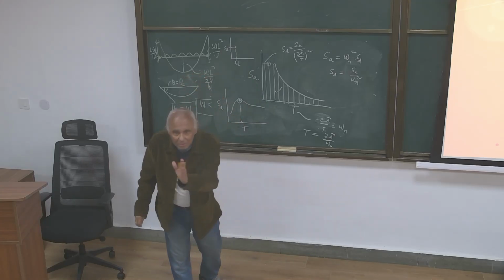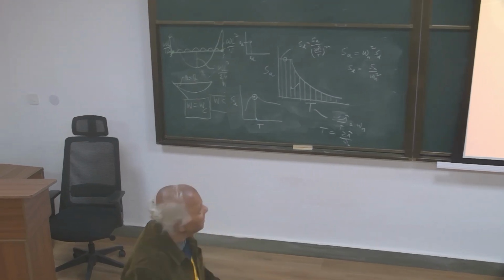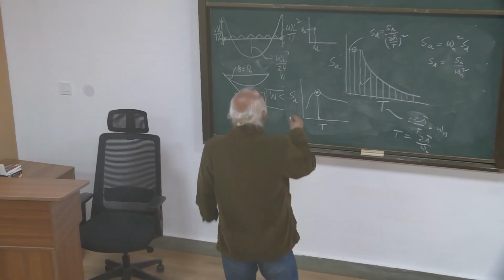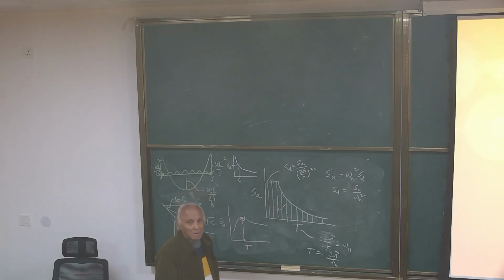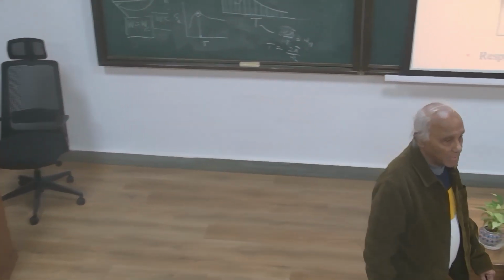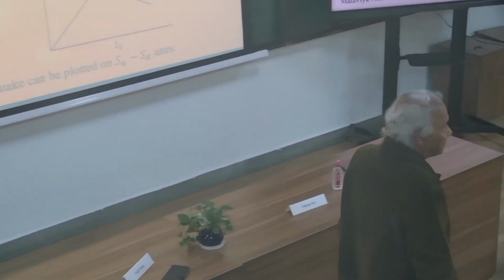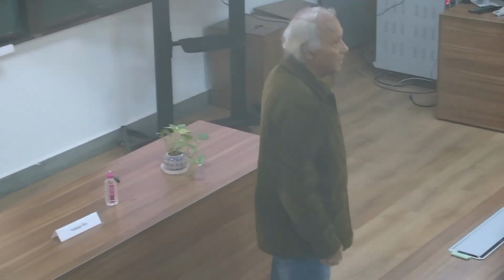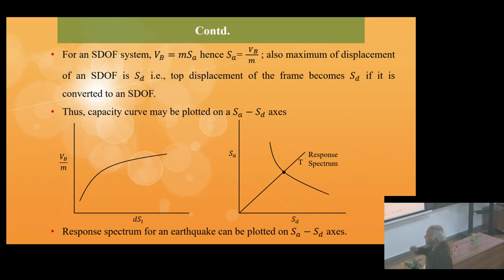Then for each T, I can find out a pair of SA and SD that I can plot, and that gives me another kind of spectrum, SA by SD. This is called bispectrum. So you can see that the response spectrum of the earthquake can be plotted on the SA-SD curve.